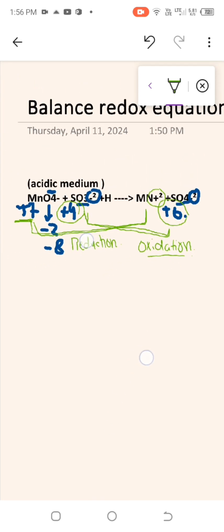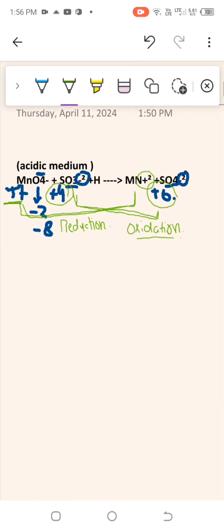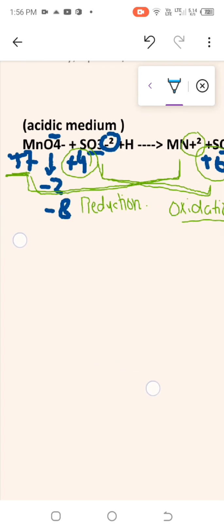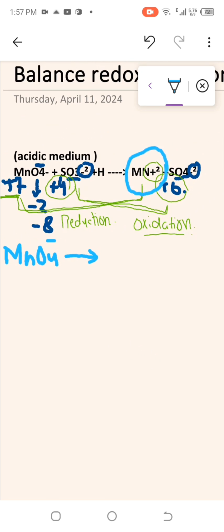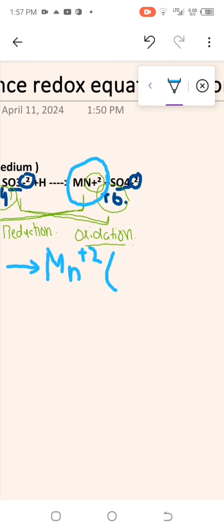Our first step is to separate oxidation and reduction by half reactions. What do we have to do?